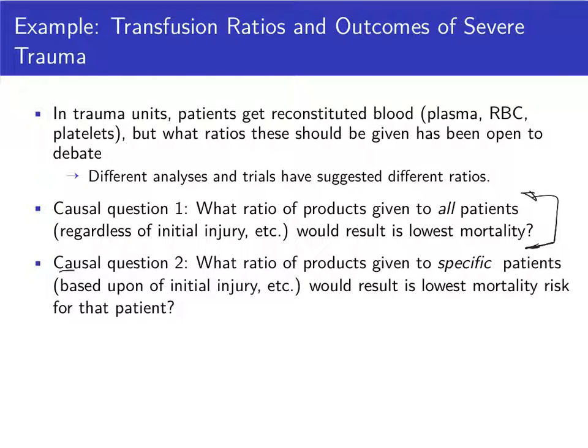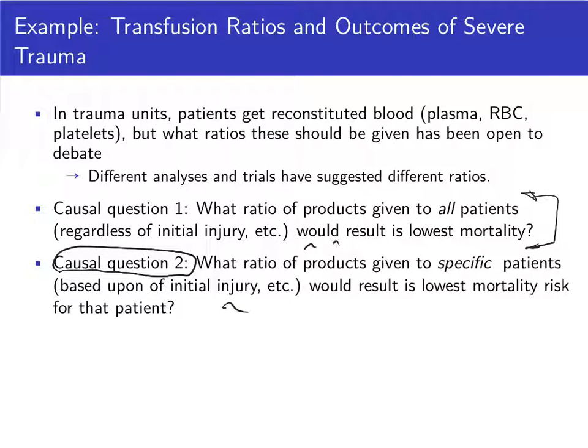But you can also ask questions like this, which will lead to a different set of estimators and possible identifiability results, which is, I don't want to know what happens if I give it to everybody. I want to know if I only give it to those that would benefit from it, rather than giving it to everyone.